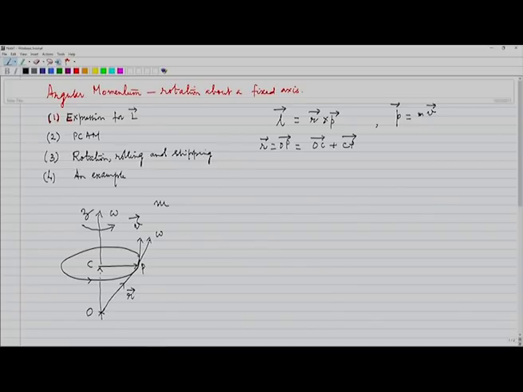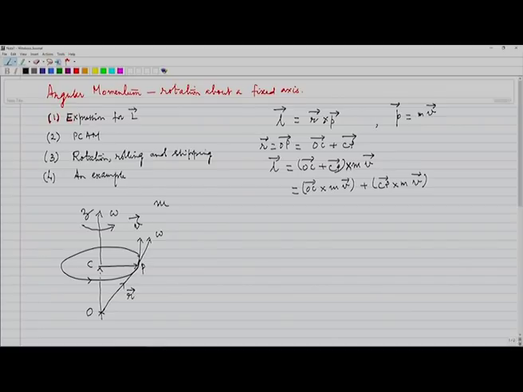Now I will calculate L. The angular momentum vector L is R, which is OC plus CP, crossed with m times V. This is equal to OC crossed with m times V plus CP crossed with m times V. Remember, the cross product is distributive.